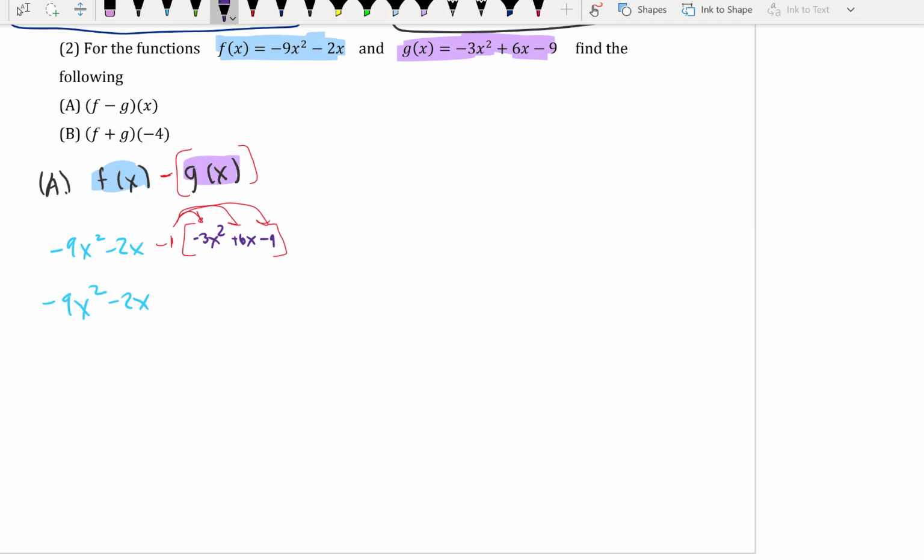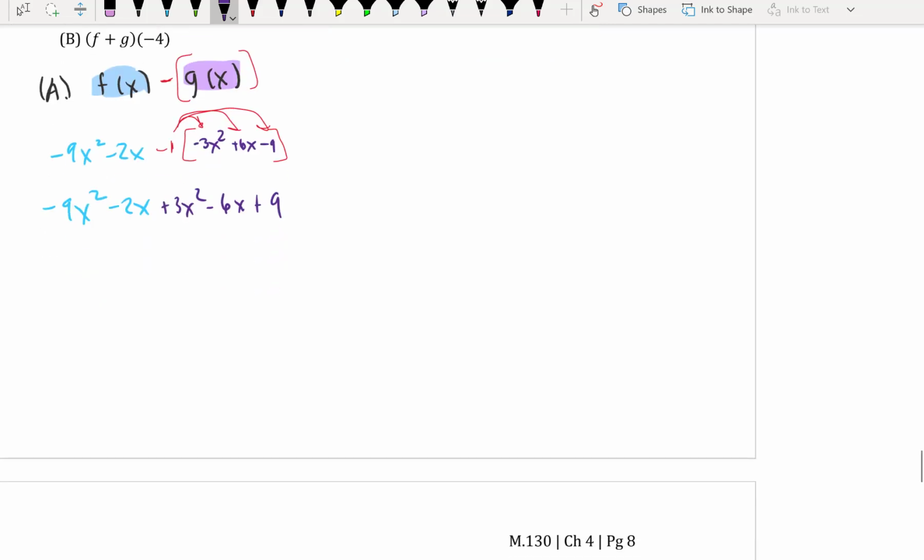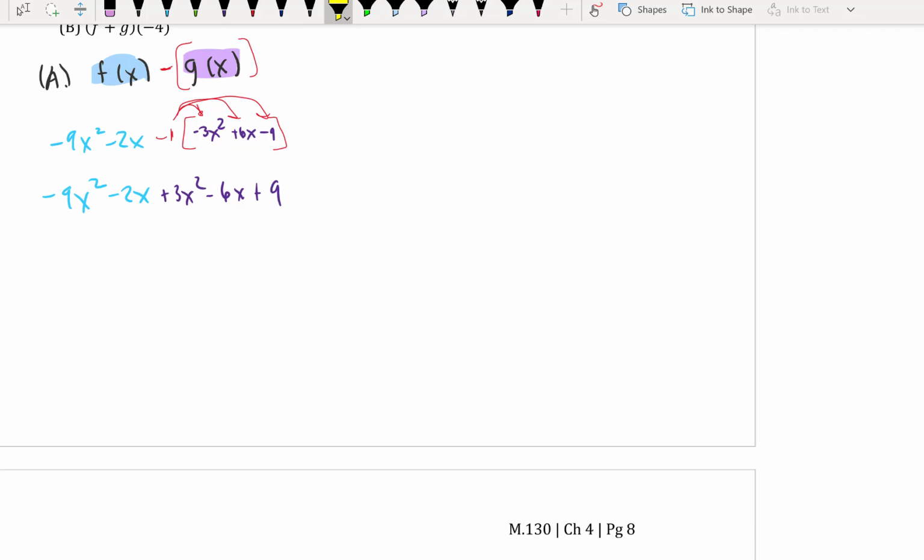So now I have a negative 9x squared minus 2x. And now because you distribute that negative into everything, a positive 3x squared minus 6x plus 9. So when you combine like terms, which is your second step, you have a negative 9x squared plus 3x squared. They have the same exponent, so those are like terms. And when I do that, I get a negative 6x squared. And I also have a negative 2x and a negative 6x.